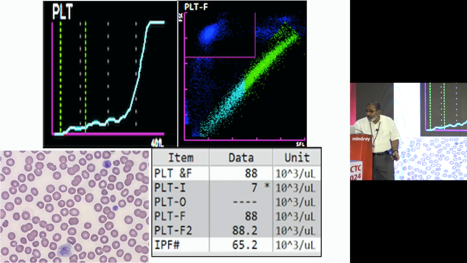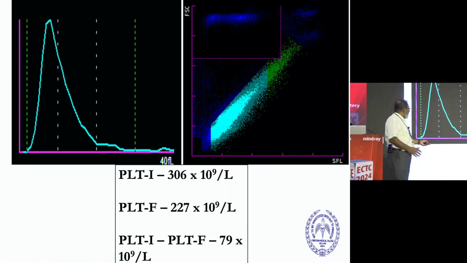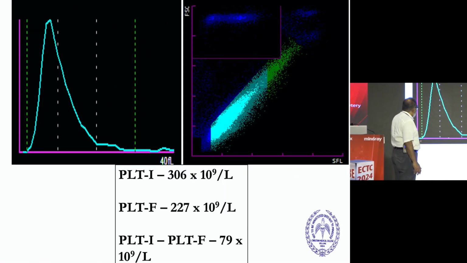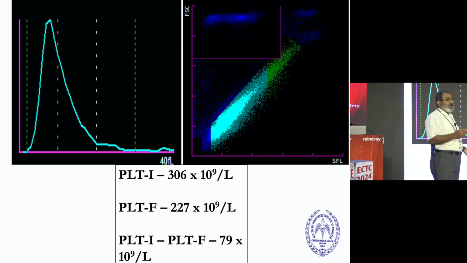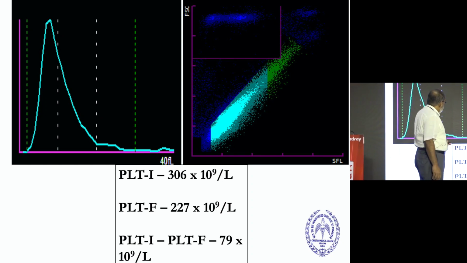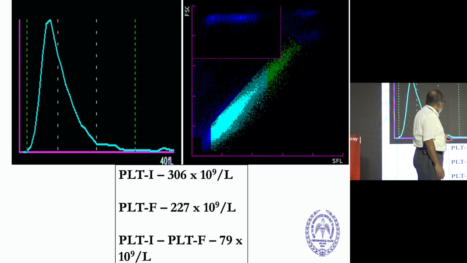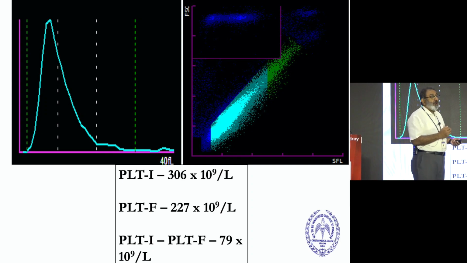But when you have a normal distribution of platelets, where most of the platelets are less than 10 femtoliters, the impedance is actually a true parameter for platelet count. Because the fluorescent platelet count misses the small platelets as fluorescent noise. Any of you who do flow cytometry, you have noise, no? So small platelets are missed as fluorescent noise.